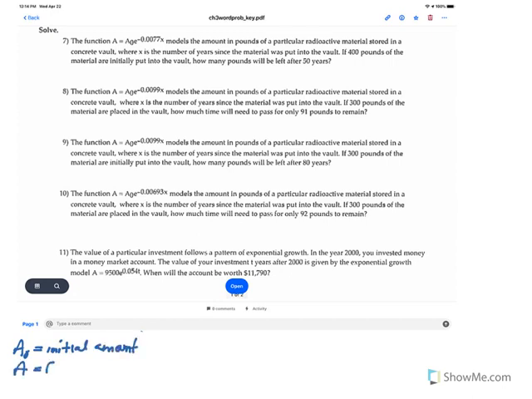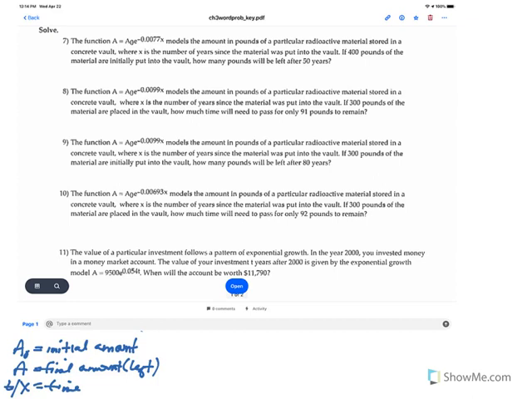Okay, and then A is a final, like what's left. Final amount, what's left. And then your x represents time. So t or x will represent time, and they'll tell you in the problem what it represents as well.